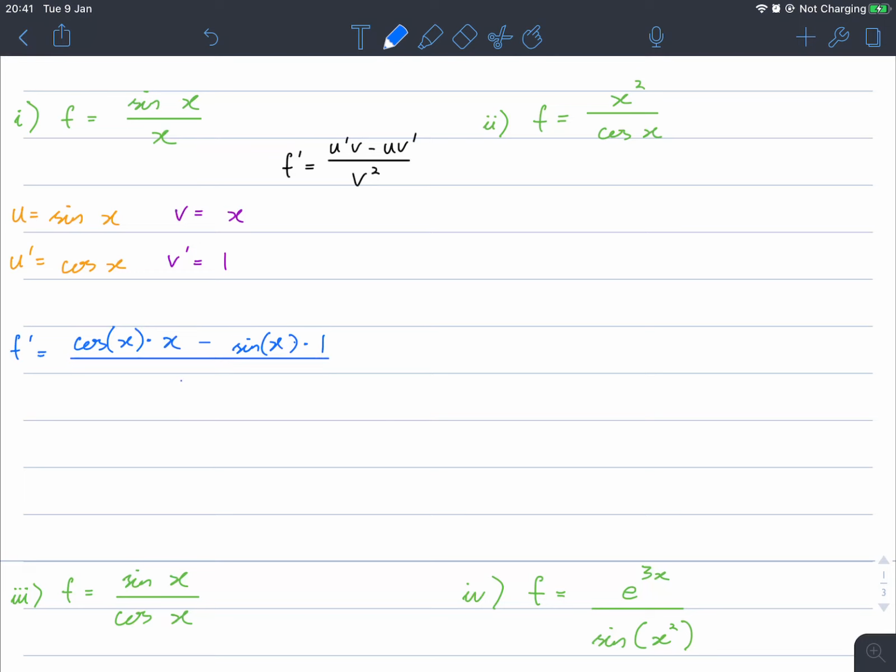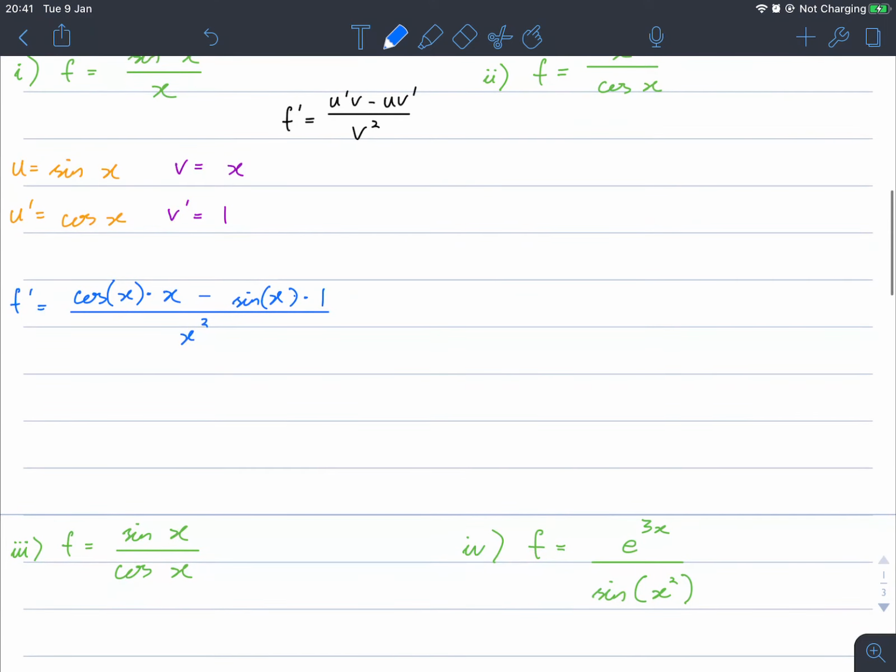V is x, so this is going to become x squared. Let's clean this up a little bit. Cosine x times x becomes x cosine of x, minus sine x times 1 is just sine x, all over x squared.